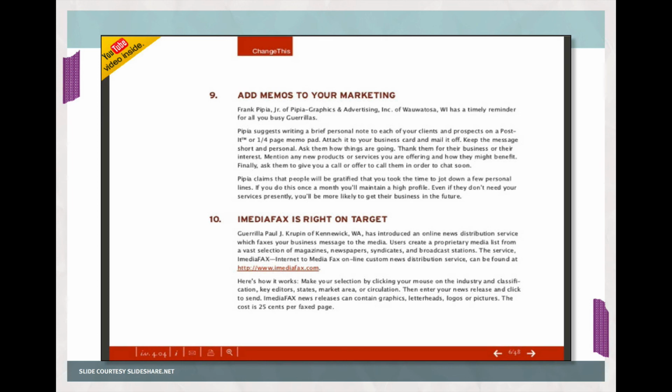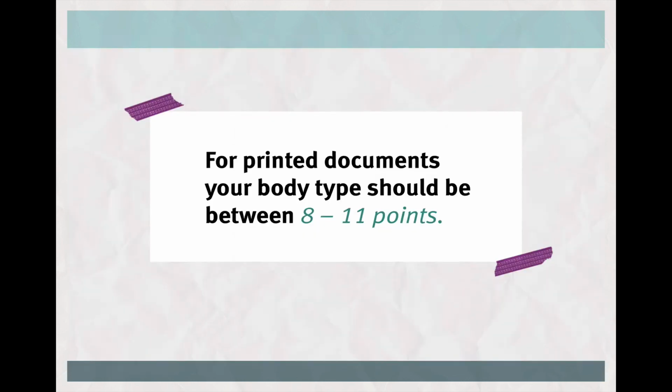This is sans serif, which is great, but this looks like it could be maybe 2 or 3 slides. Definitely at least 2 slides. So for printed documents, your body type should be between 8 and 11 points in size. When you're on screen, it's going to be different. Again, you don't want to have so much text on one slide.